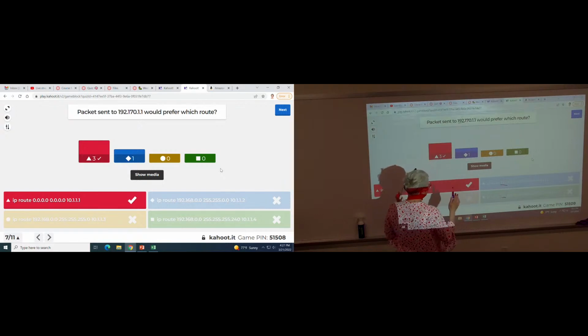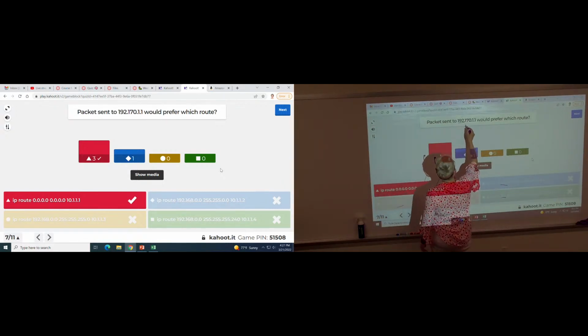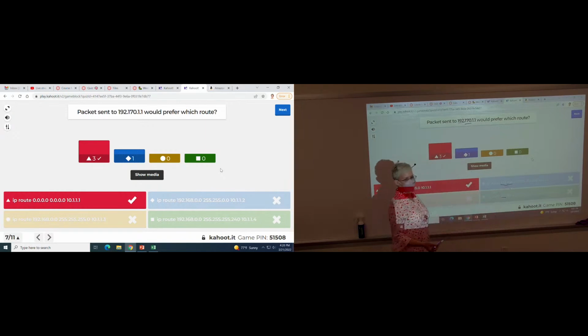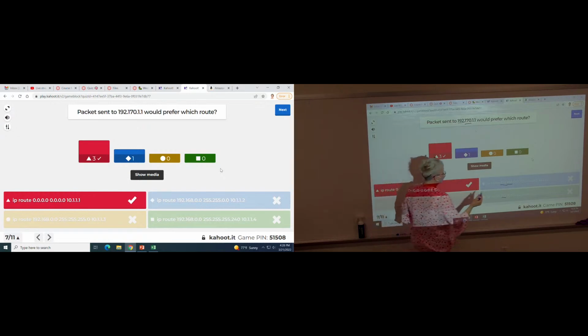So at least we need the second octet to match. I can say this 170, does that match 168 in the second octet? So right away it's a what? Yeah, right away this is a mismatch in the second octet.